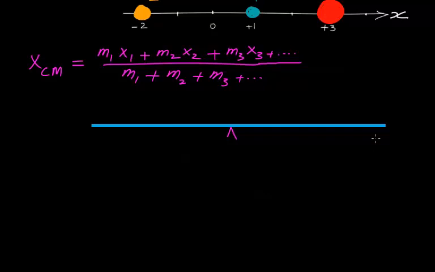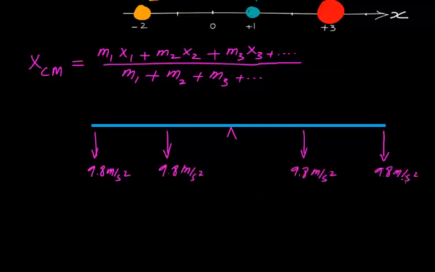The reason is the pull of gravity at any point, either here or any other point, is exactly the same, and it equals 9.8 meters per second squared. And therefore, the pull on one side is exactly the same as the pull on the opposite side, and therefore this rod will balance exactly at the center, which is the center of mass.